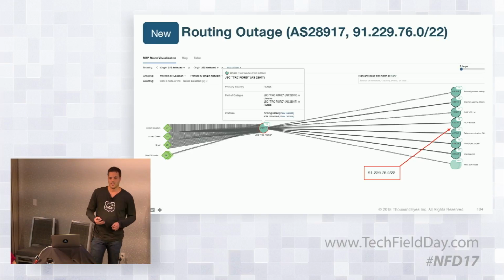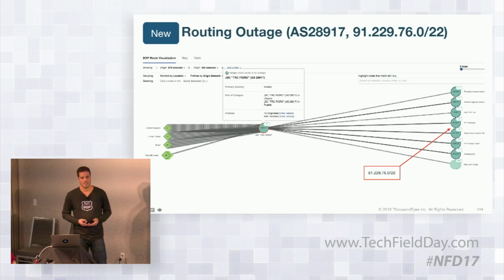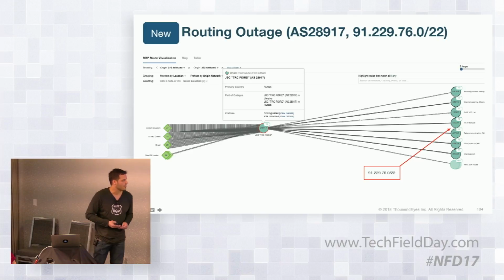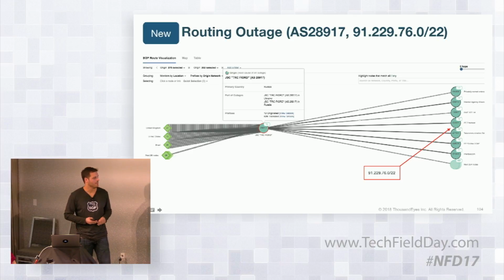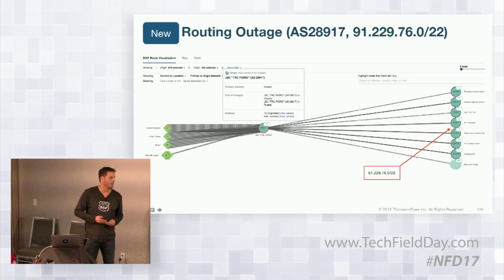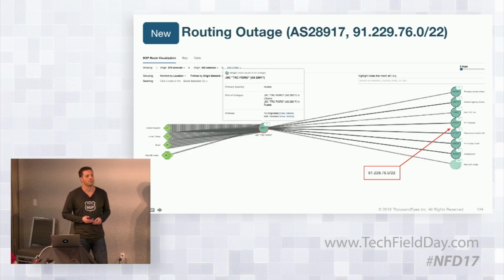On the right-hand side, you see the prefixes being impacted by the outage, grouped by the network where they originated. And again, the smoking gun there is on that service provider, TRC Fjord, circled in red. So that was the autonomous system where the root cause basically was pinpointed.